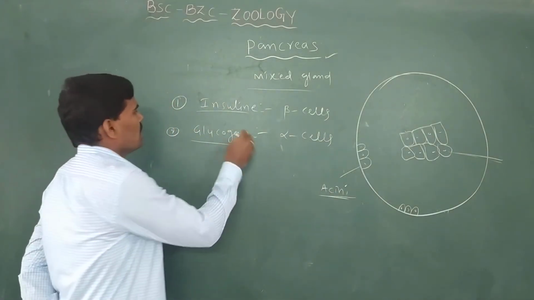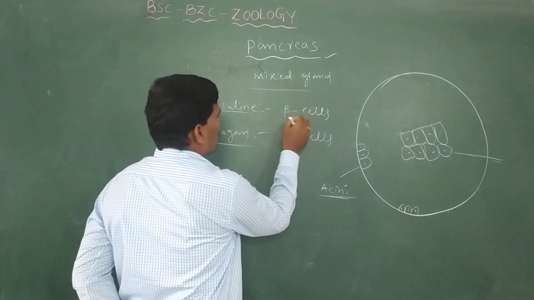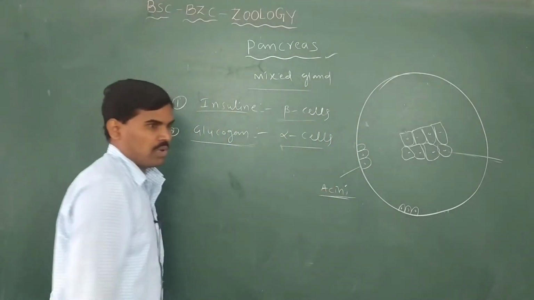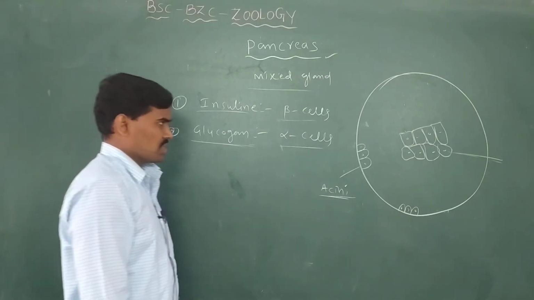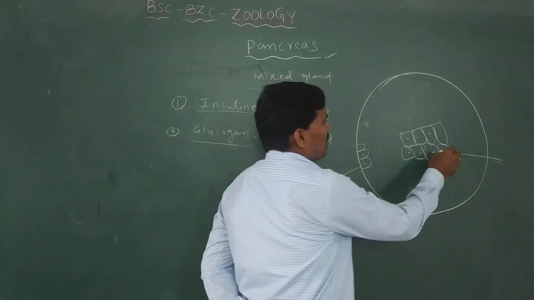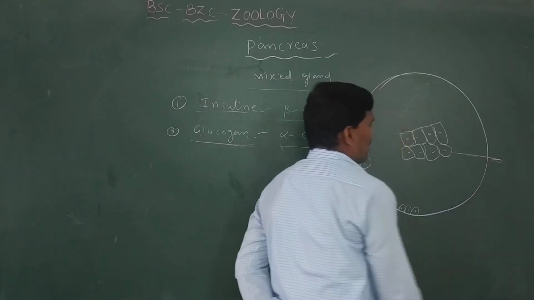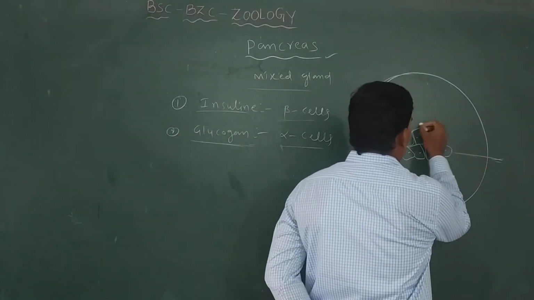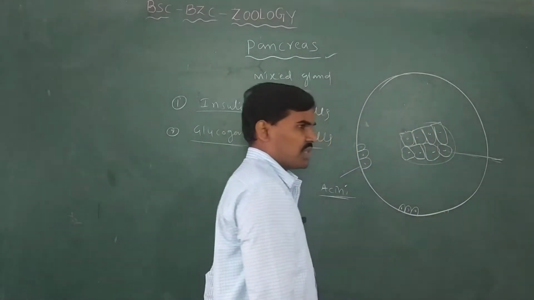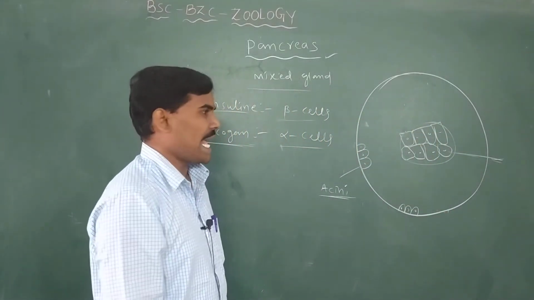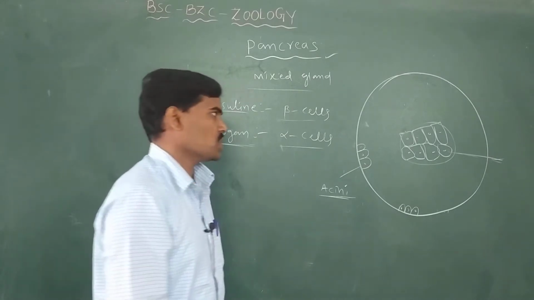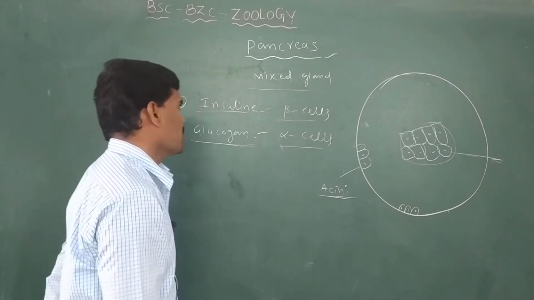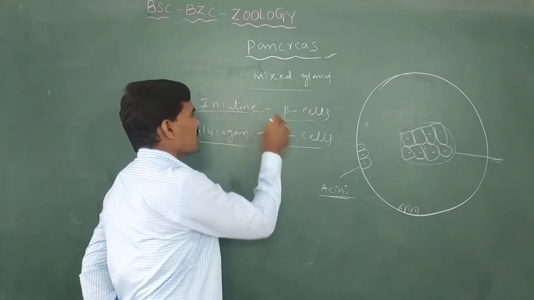The islets of Langerhans were first identified by the scientist Langerhans, who saw this type of cell clusters, hence the name islets of Langerhans.